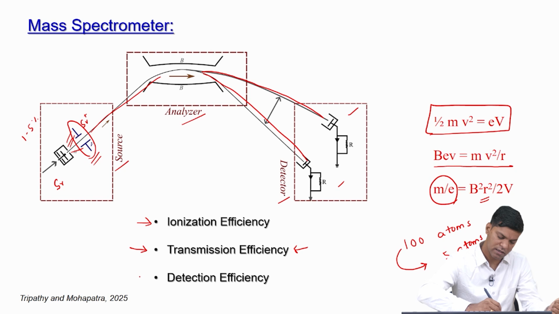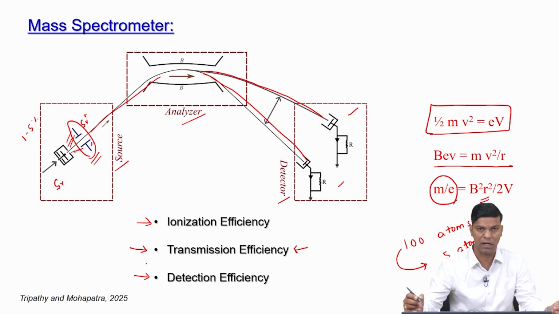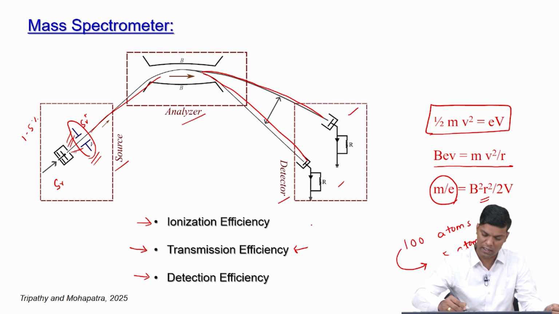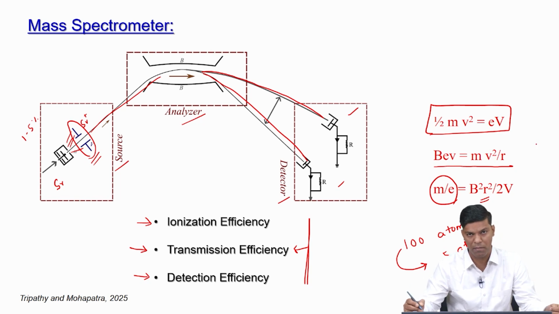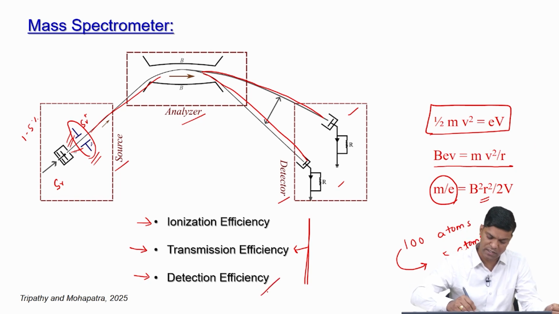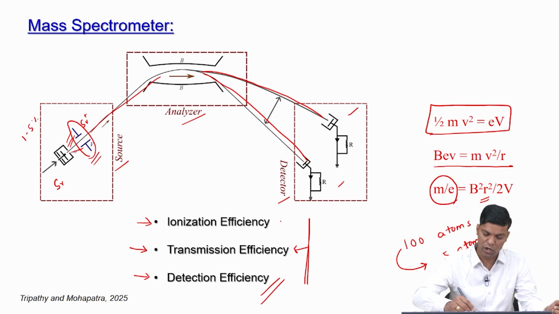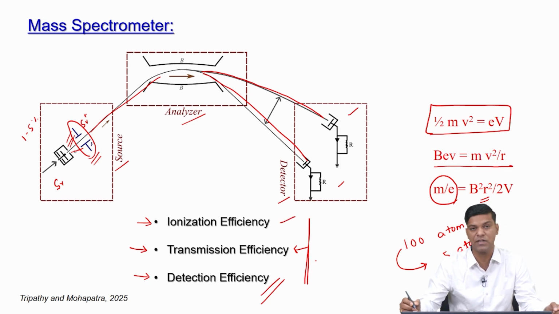And third is the detection efficiency. The amount of ions that reach the detector, how much of it is counted by the instrument, is all included to tell you the efficiency of a mass spectrometer. Often the detection efficiency is about 100%, but we do not have control over ionization efficiency and transmission efficiency.